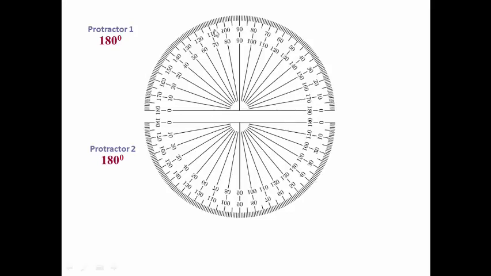Now if I imagine a circle and I want to know how many degrees are around this circle, it will be 180 degrees plus another 180 degrees to make a complete circle. It will be 360 if I'm talking about a circle.